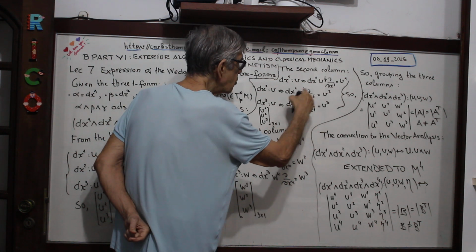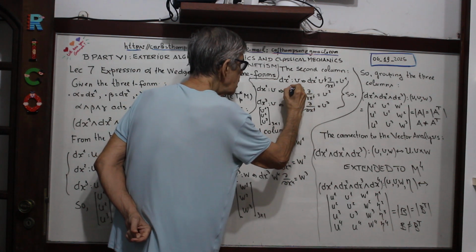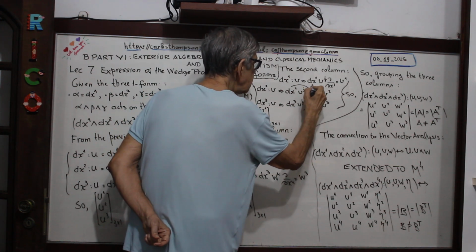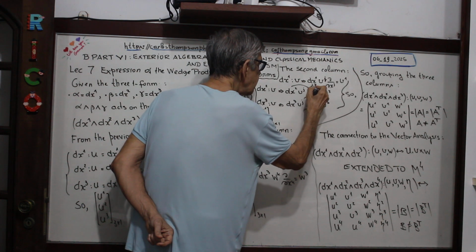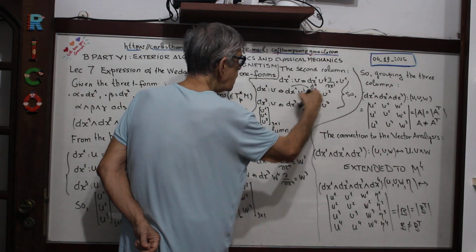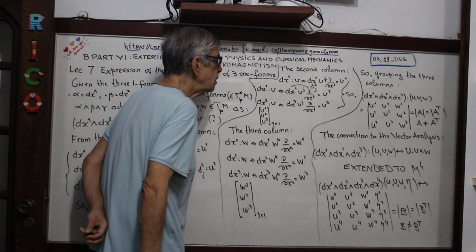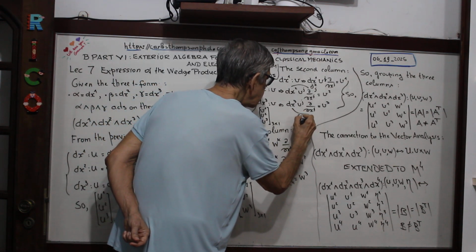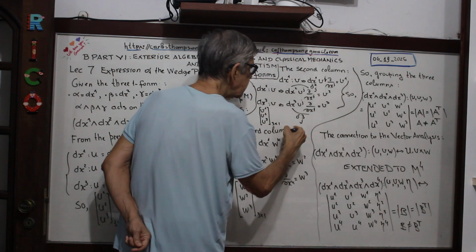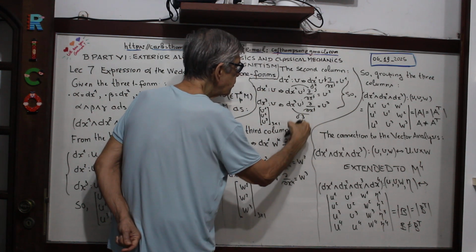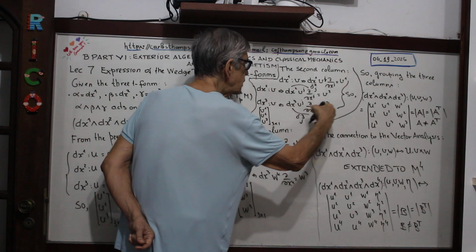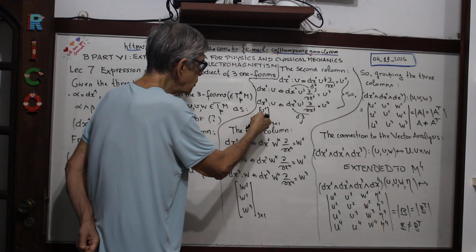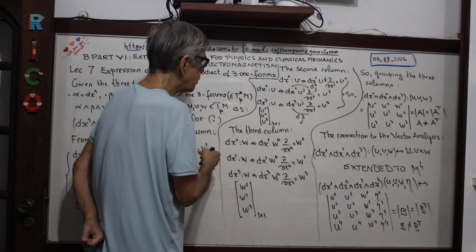This is delta 2j. Delta 2j acts on v^j is v2. Likewise, this one is delta 3j. Delta 3j acts on v^j gives v3. So this leads to the column 2, 3 by 1.